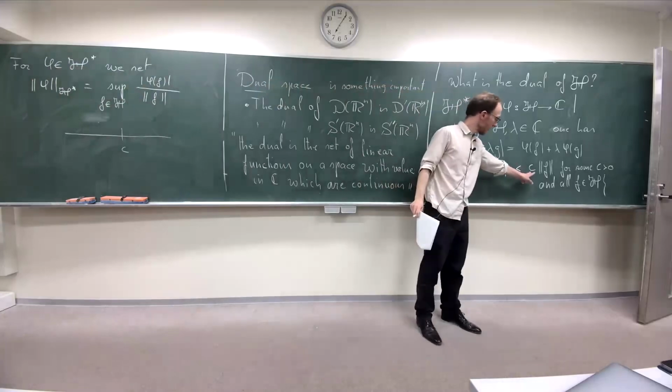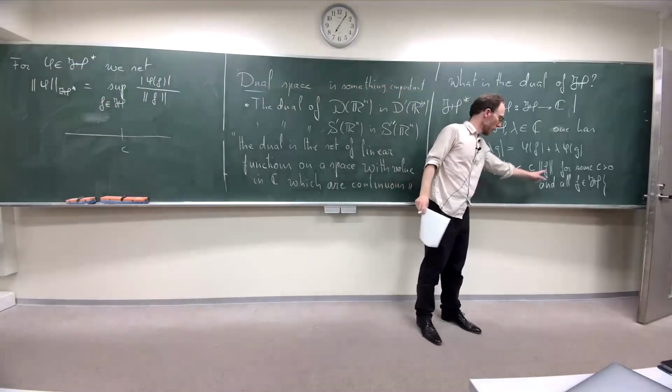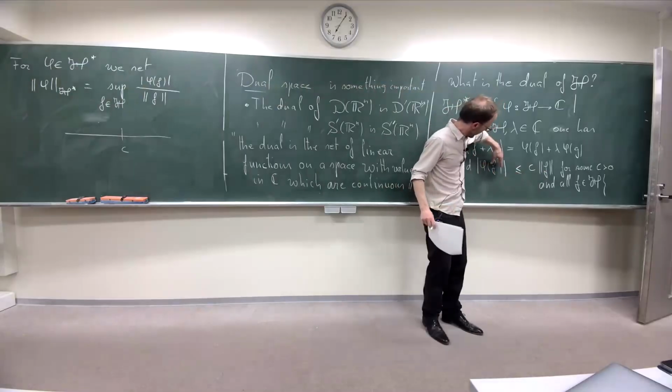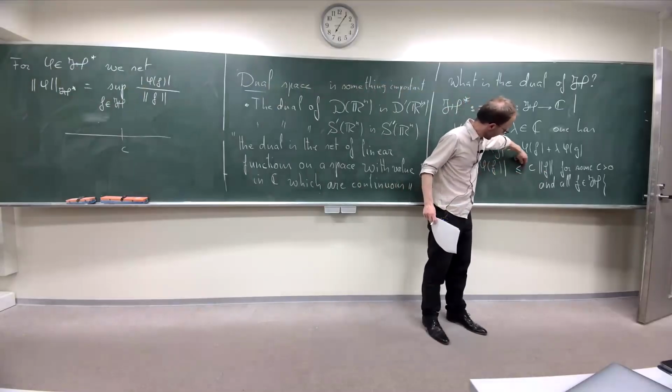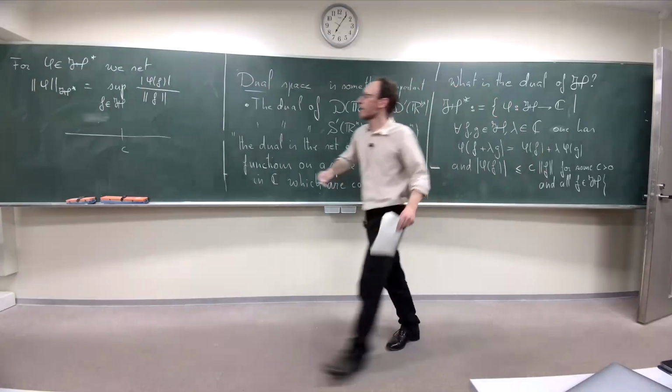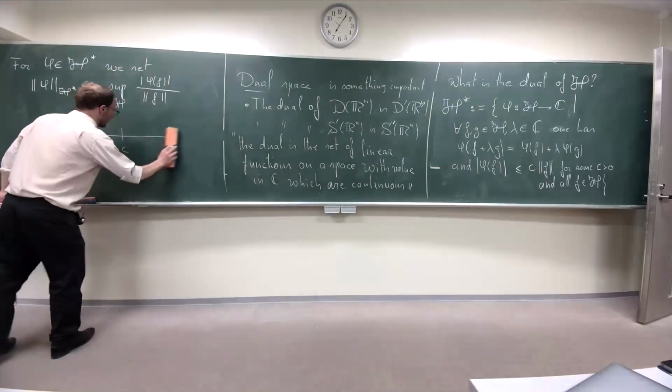Either you take the smallest C which satisfies this, or you go from below. You take all those which do not satisfy it, and as soon as it is satisfied, you take the maximum value. I can give both.